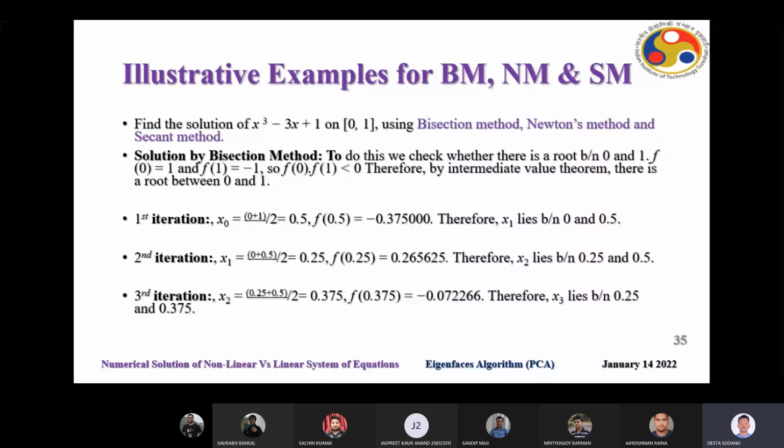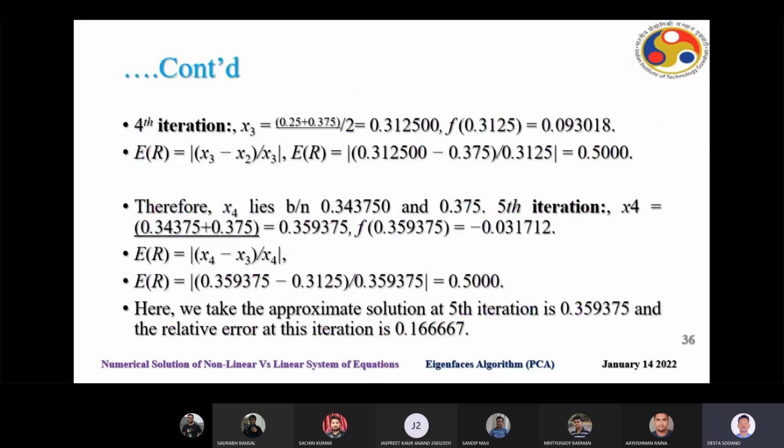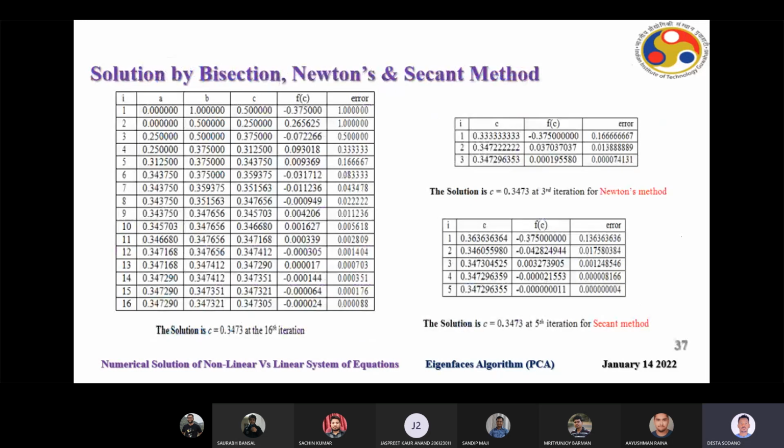Which one converges slowly? Which one converges quickly? Using hand calculation or a MATLAB program, we ran and got results like this. This is the last result to compare the three methods.